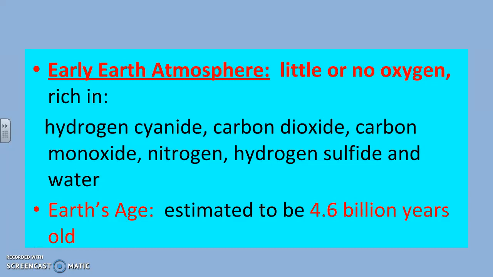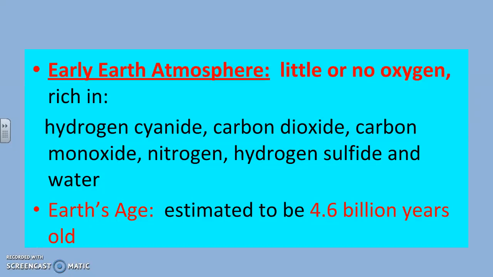There wasn't any oxygen, so living things could not have survived from the very first moment that Earth was created, which was about 4.6 billion years ago. It took some time for oxygen to build up into the atmosphere. Earth's early atmosphere was rich in other gases like hydrogen cyanide, carbon dioxide, carbon monoxide, nitrogen, hydrogen sulfide, and water.